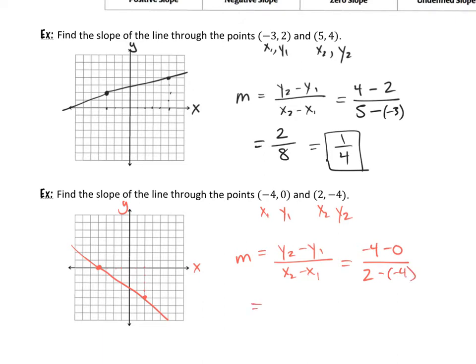So when I simplify this, -4 minus 0 is still -4 in the numerator. And then in the denominator, 2 minus -4 is 2 plus 4, which is 6. I can leave the negative, and then 4 and 6 are both divisible by 2. So I divide both the top and the bottom by 2, and I get -2/3 as my slope.